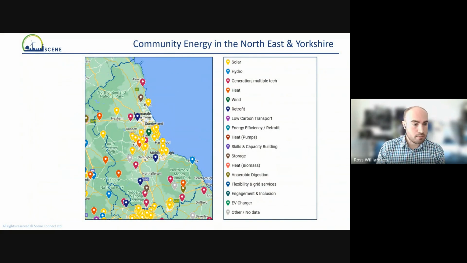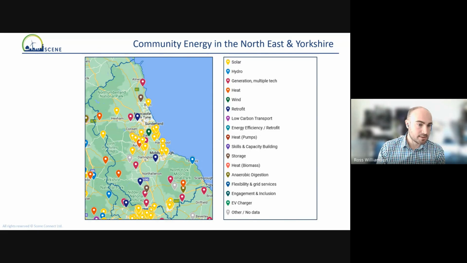So this is a map of existing community energy projects in North Eastern Yorkshire. It's worth highlighting that there's a bit of a lag because, as Alex said, projects can take some time to go through the pipeline, so there may be more projects that come onto this map as they go online.